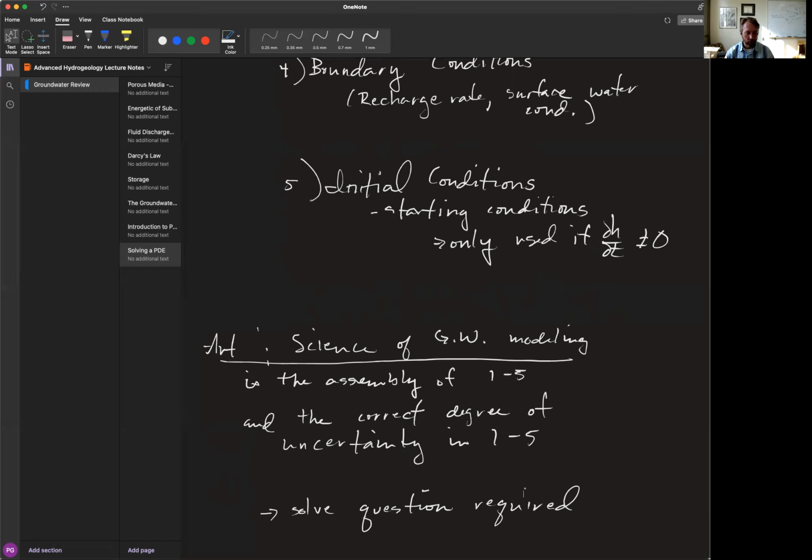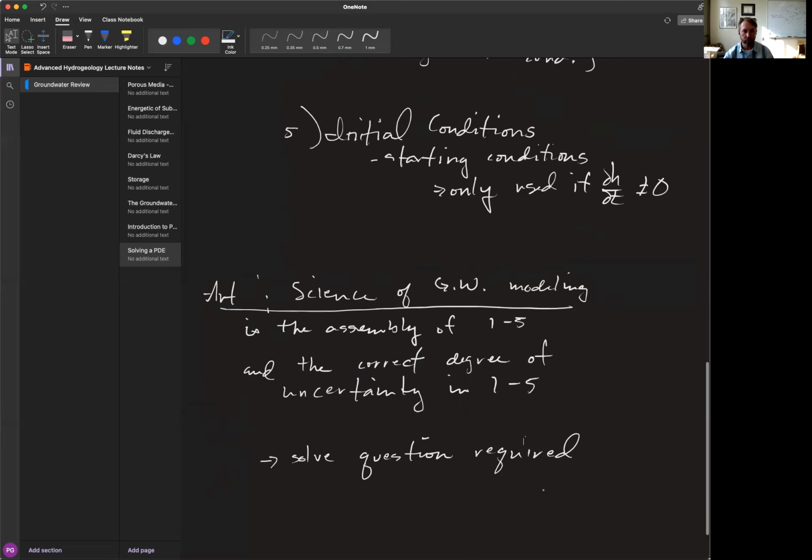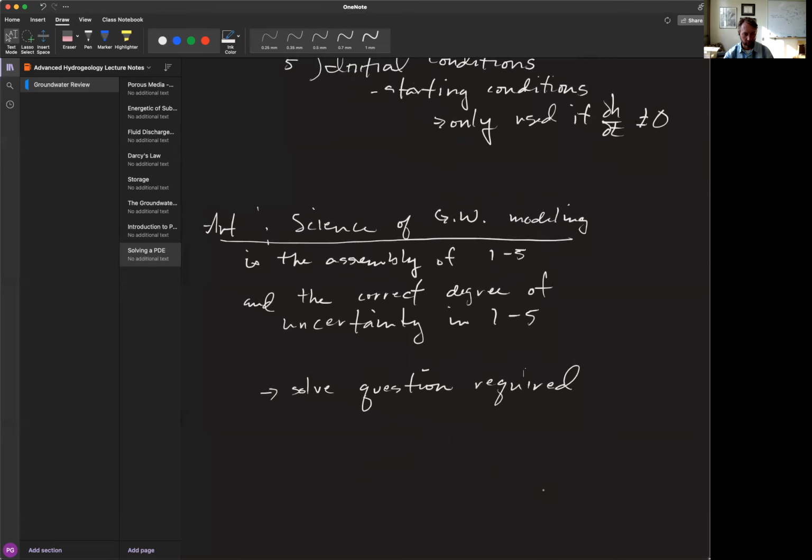We're going to start looking at some ways that we solve PDEs without groundwater modeling first. For example, we will get into solving partial differential equations with our first step, which is an analytical solution.